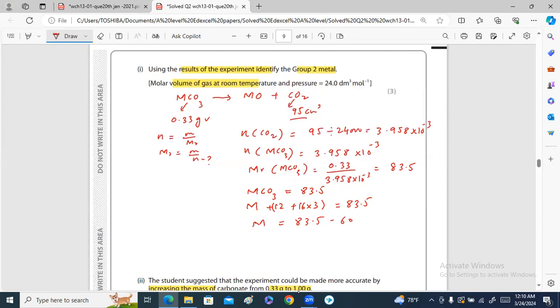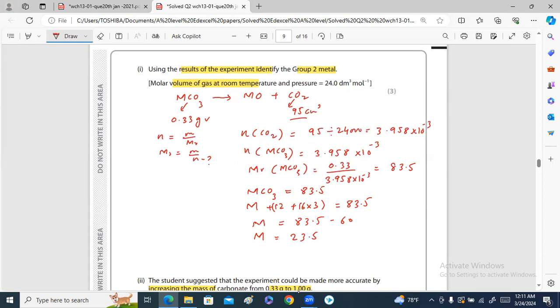So the Ar of the M is, if we subtract these values, we can get the Ar, which is 23.5. So we can use the periodic table to identify this, but mostly here the student can make a mistake.